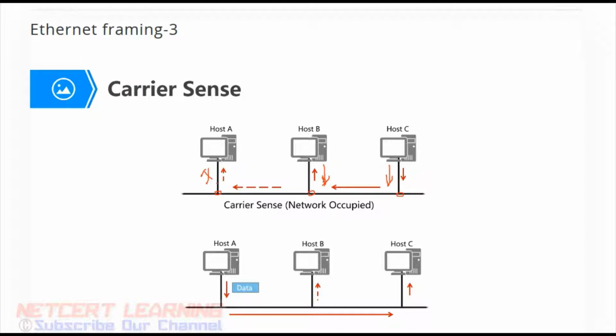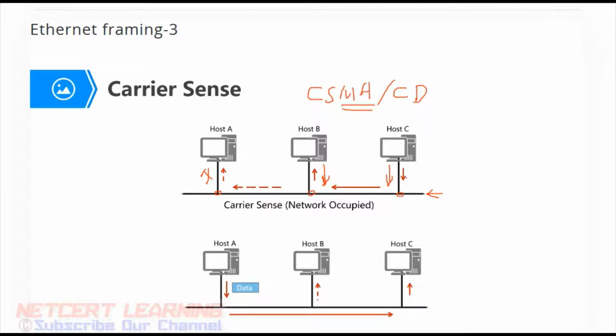So how do we avoid it? Ethernet uses a mechanism called CSMA/CD. MA means multi-access. That means the network media is accessed by many computers, many hosts.